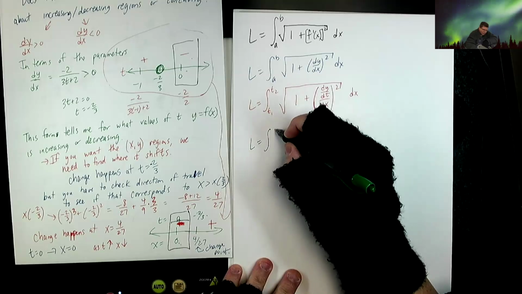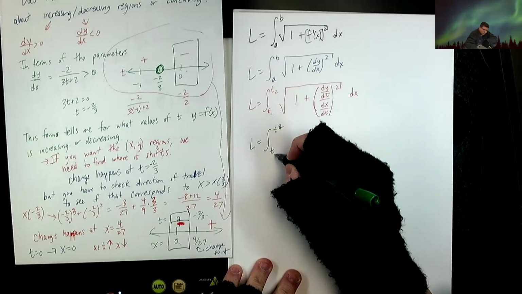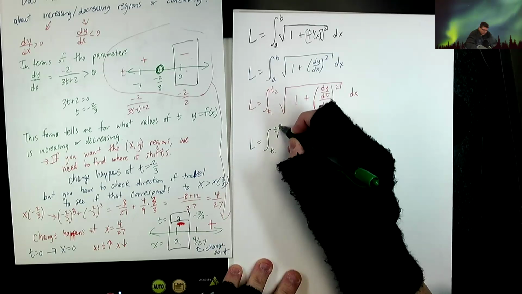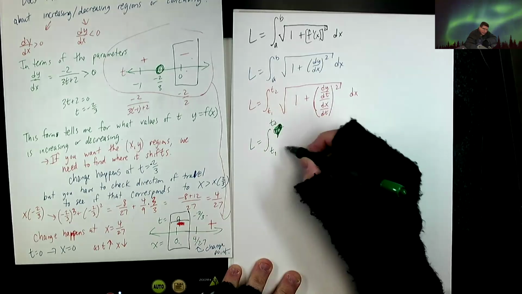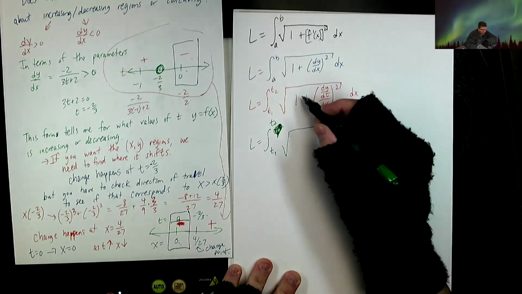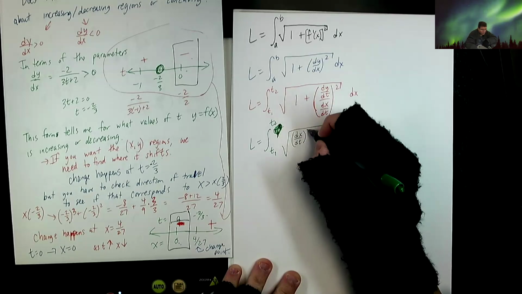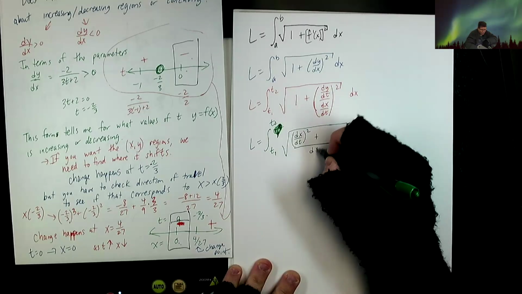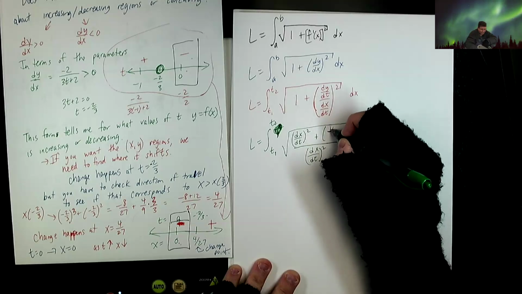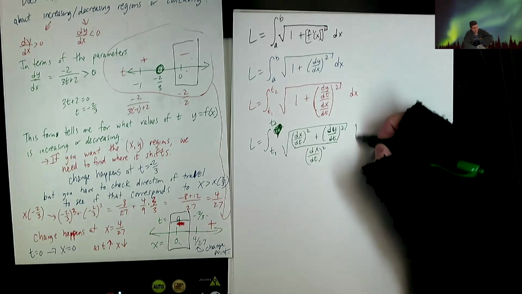So if I do some manipulation here, I can get a common denominator, multiply this by dx dt squared, and I'll have dx dt squared on the bottom, plus dy dt squared. Still got a dx.